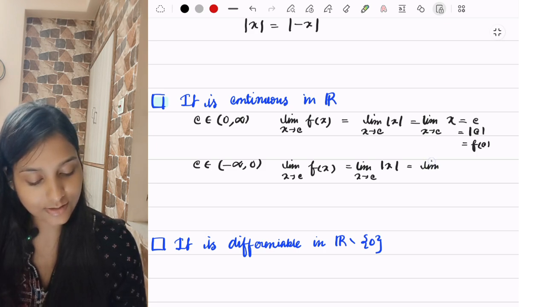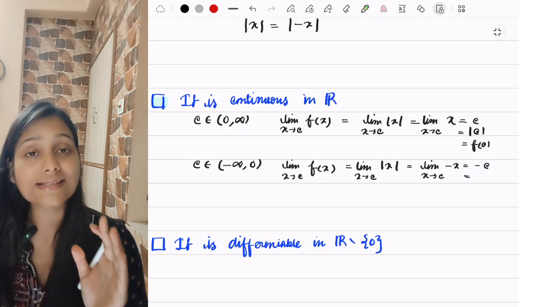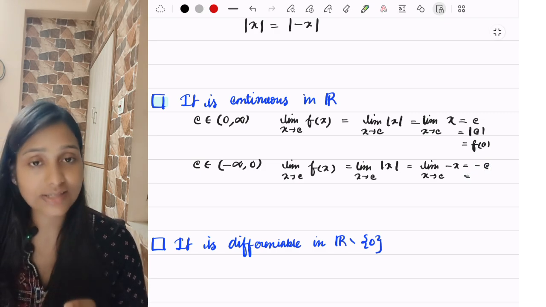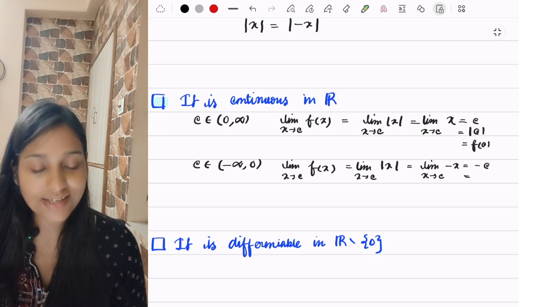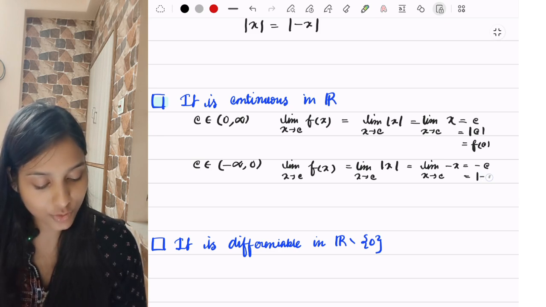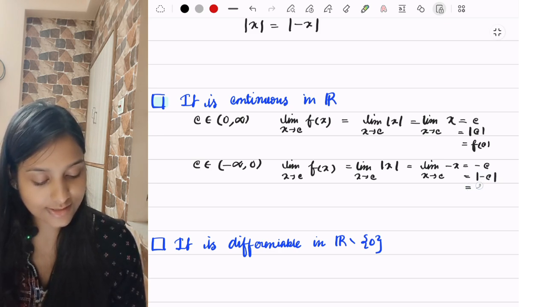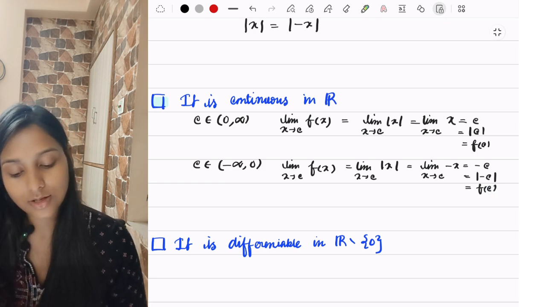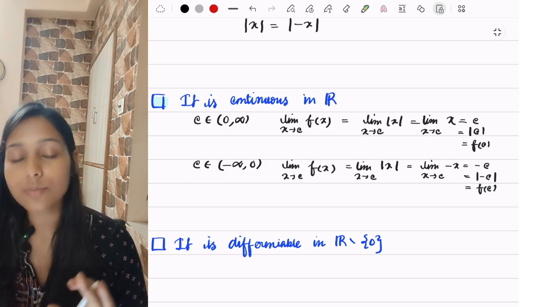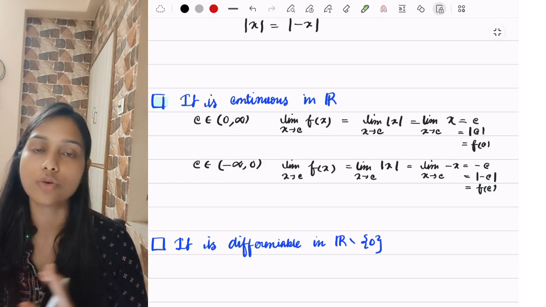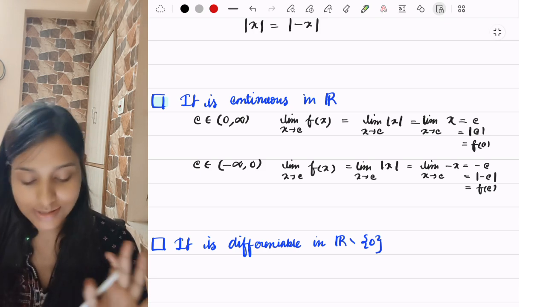So, it has the value limit x tends to C of minus x, which will be minus C. As C lies in minus infinity to 0, minus C is the positive value. So, it is actually this. This is f of C. So for positive C and negative C, we have already proven that this function is continuous.